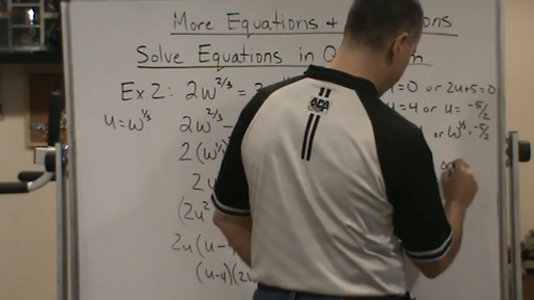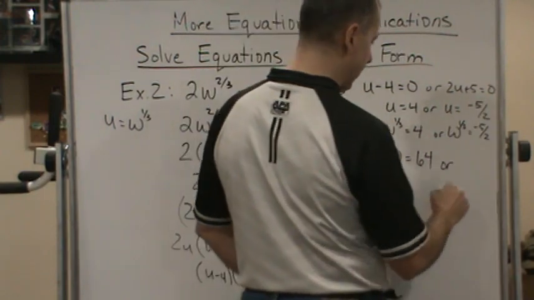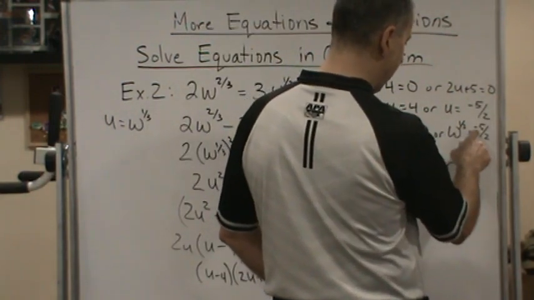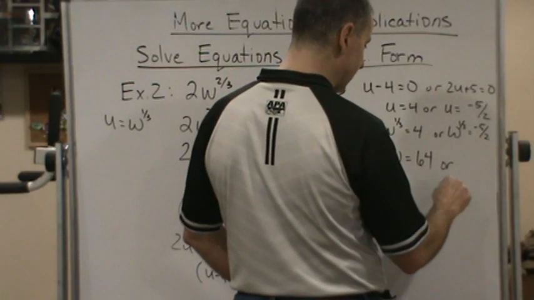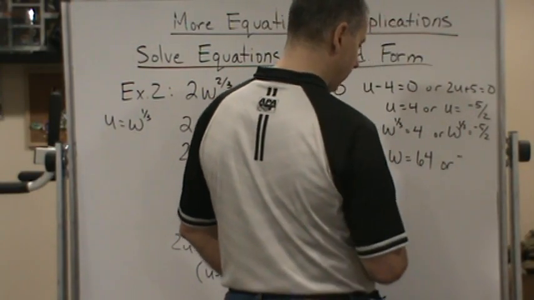Or we get negative 5 halves cubed, which means this is going to become a negative.